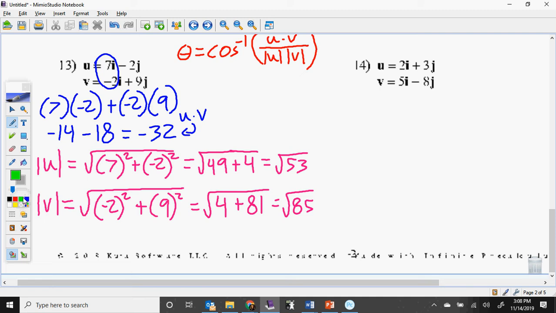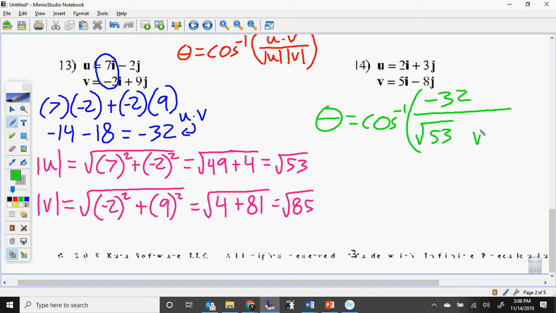And then we're going to plug in to our formula. So theta equals the inverse cosine of our dot product over magnitude of u times magnitude of v. Not putting them in parentheses this time because it doesn't really matter, but make sure when you're putting this in your calculator that you do not put the square root of 85 inside of that square root.